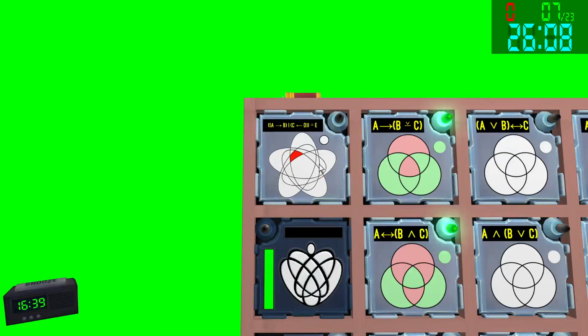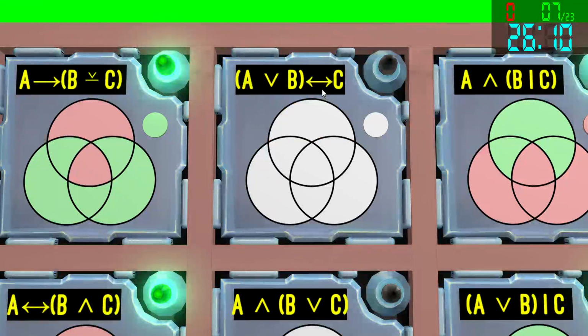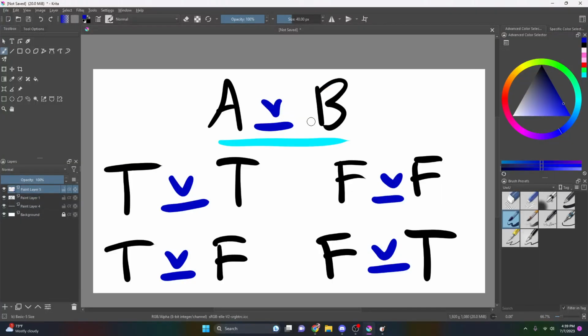Now, pretend this was XOR, I guess. In order to figure out what this was, we needed to press word Charlie. You know what? Never mind. Okay, I'll just explain it here.